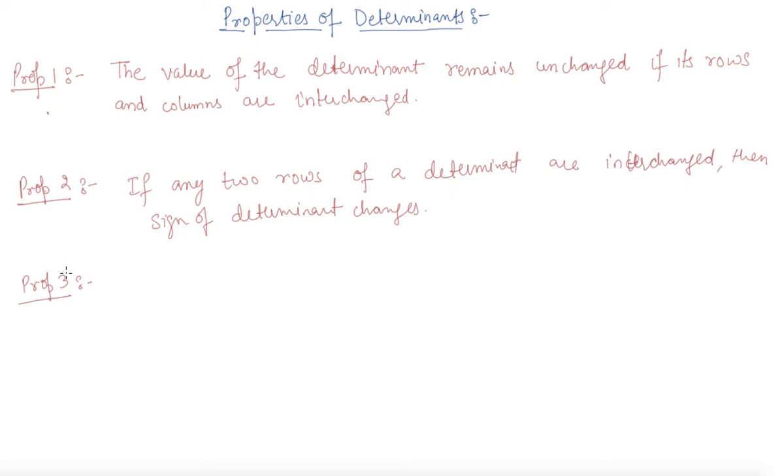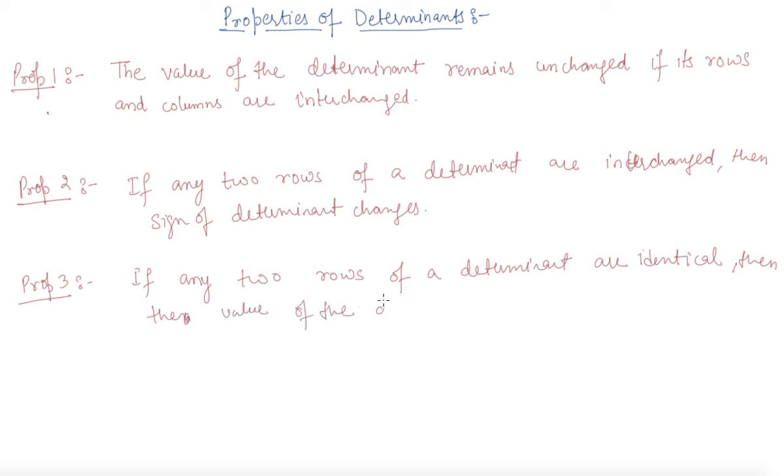if any two rows of a determinant are identical, then the value of the determinant is 0.